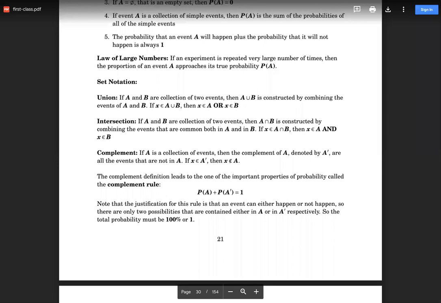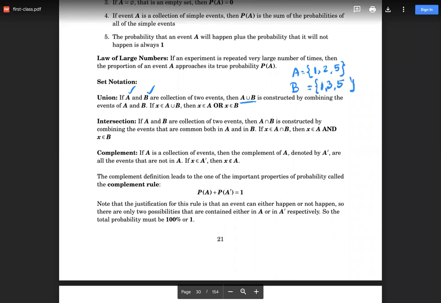Now I'm going to do some stuff here. A is a set, so this is kind of set theory for you a little bit. A is an event or A is a set. B is a set. So A union B means you are uniting the sets A and B. So let's say A is {1, 2, 5}, and B is {1, 3, 5}.